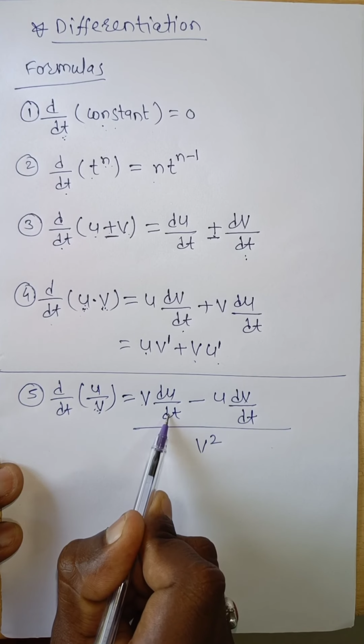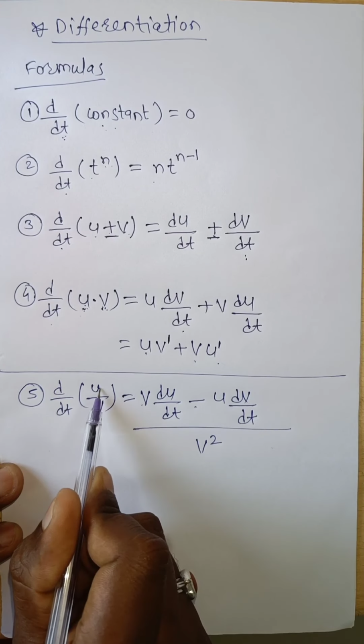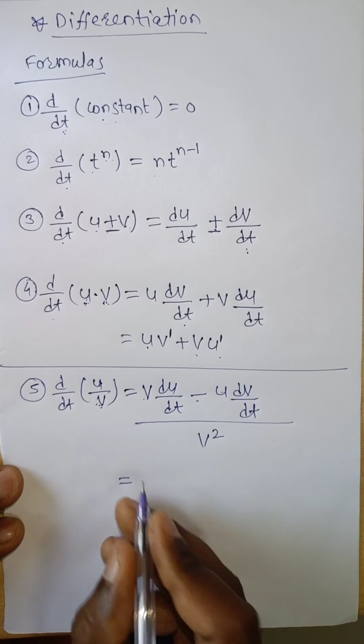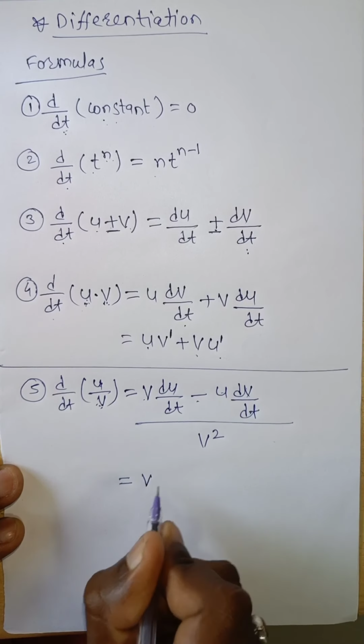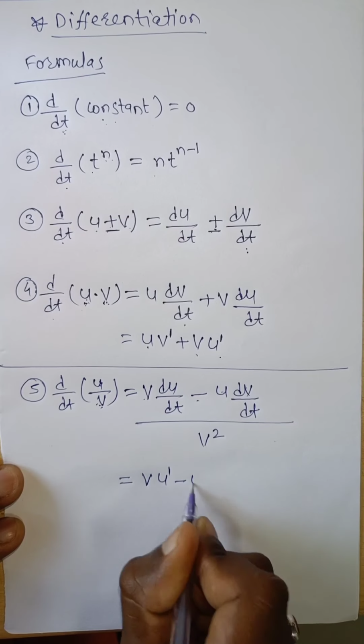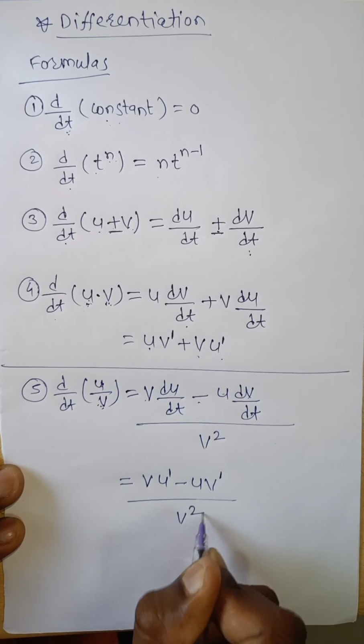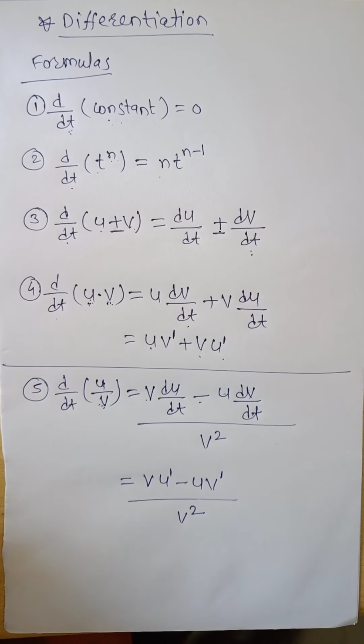Or it is also written as v into u prime minus u into v prime divided by v square. These are the five rules for differentiation.